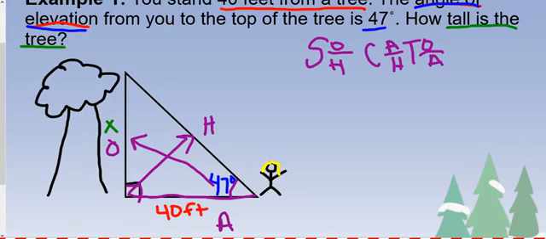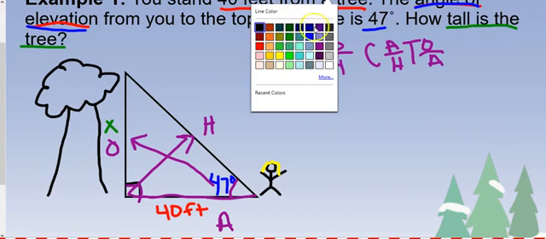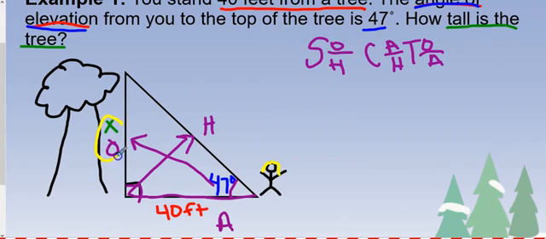Okay, and I'm going to circle the information that I have. So I have information on X, and I have information about 40. So those are O and A. So O and A is tangent.